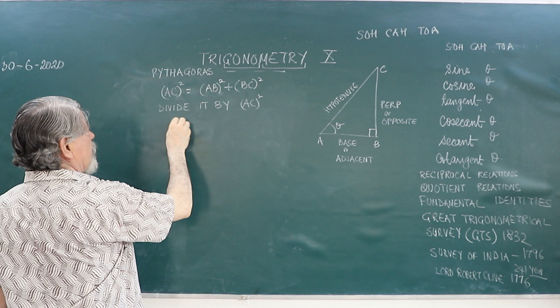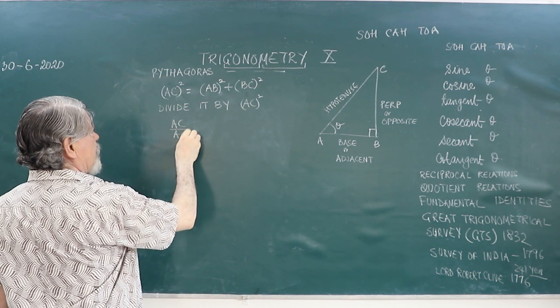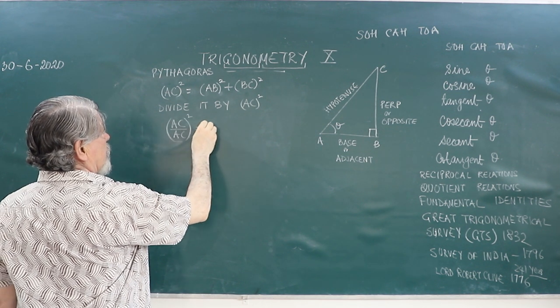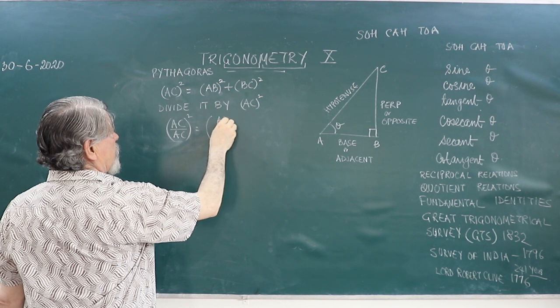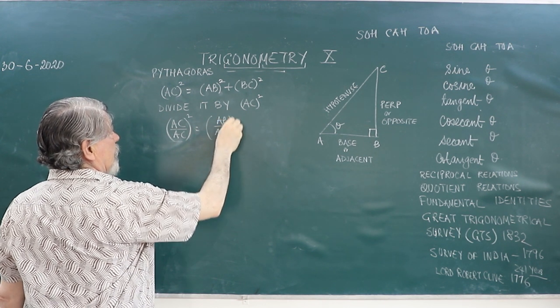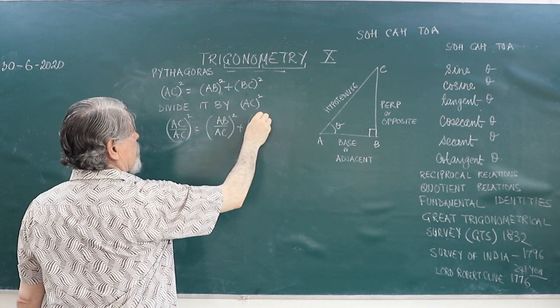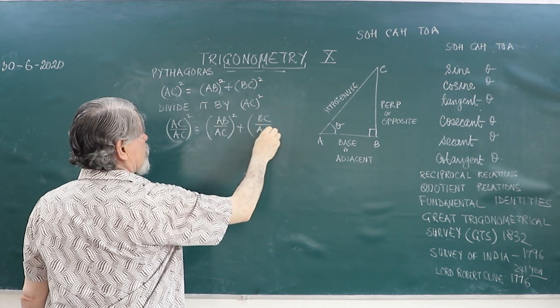So AC square upon AC whole square. This will become AB upon AC whole square. And it will become BC upon AC whole square.